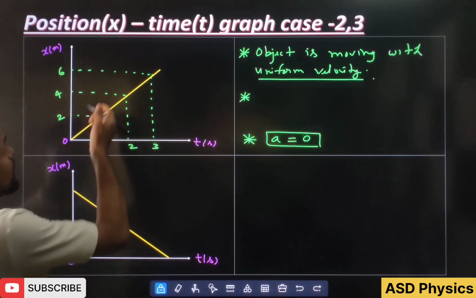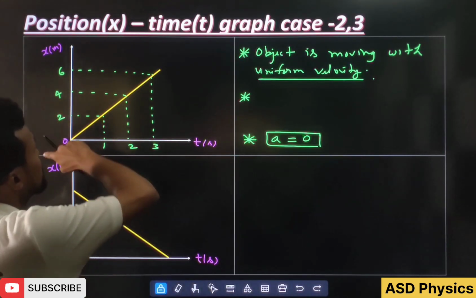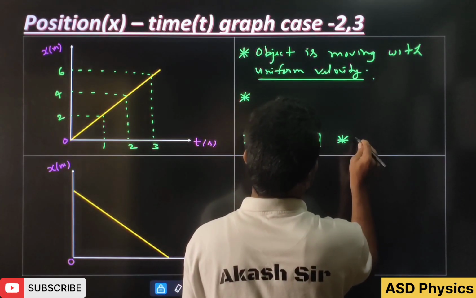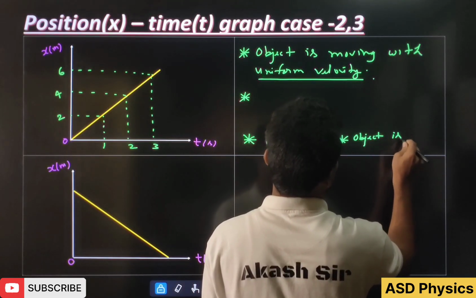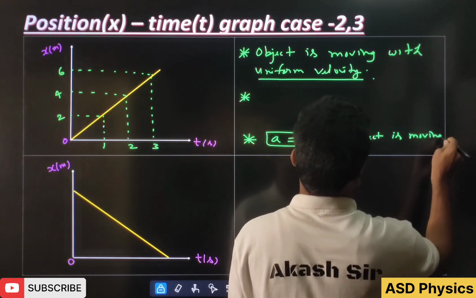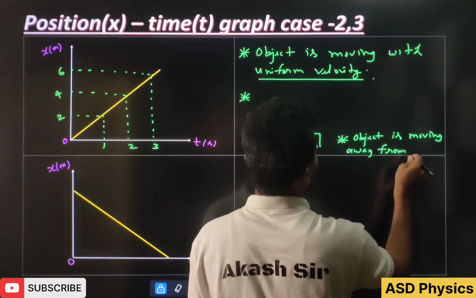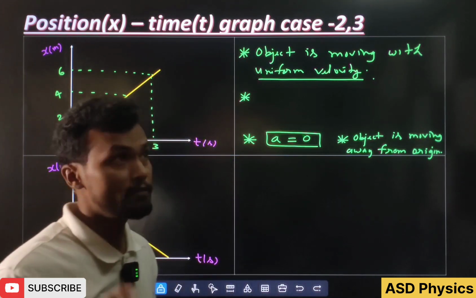One more thing: is the object moving away from the origin or towards the origin? Remember that the position keeps increasing with time. That means the object is moving away from the origin.